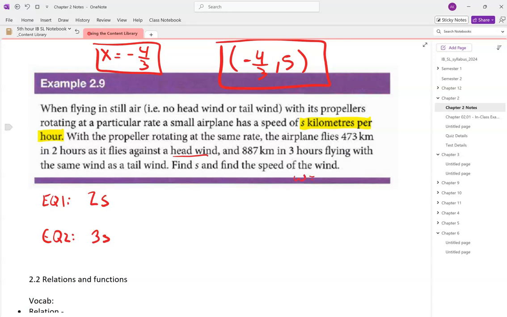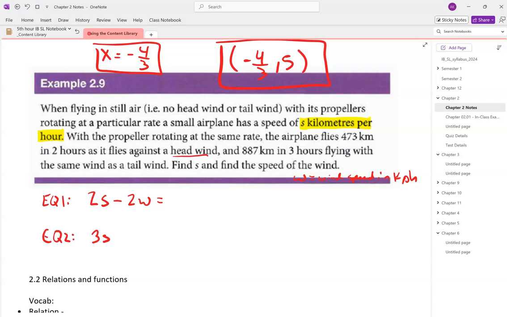So W is going to be that wind speed, also in kilometers per hour. So if you're flying against a headwind, is that going to speed us up or slow us down? So should I be adding or subtracting? Subtract. And your wind speed is in kilometers per hour, so what should it be multiplied by? Hours.